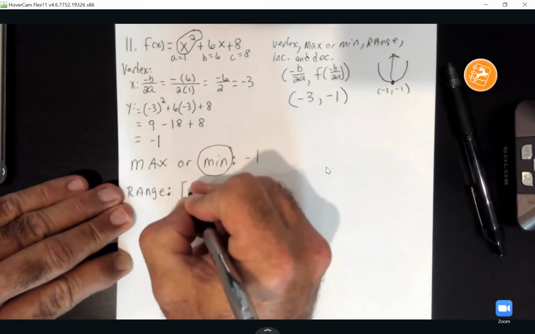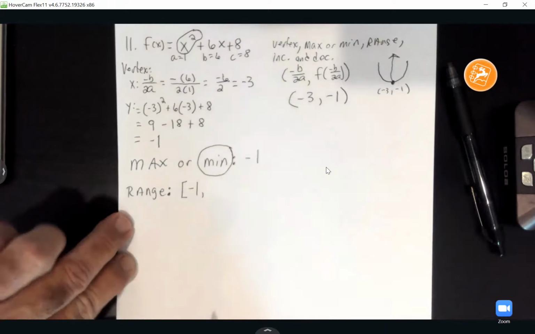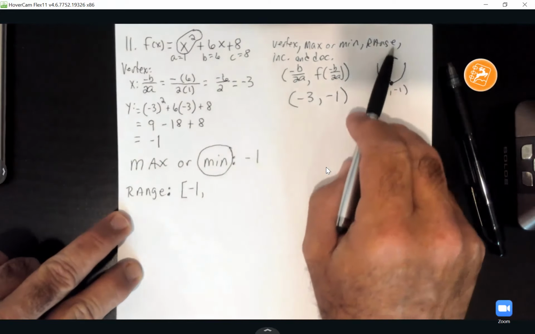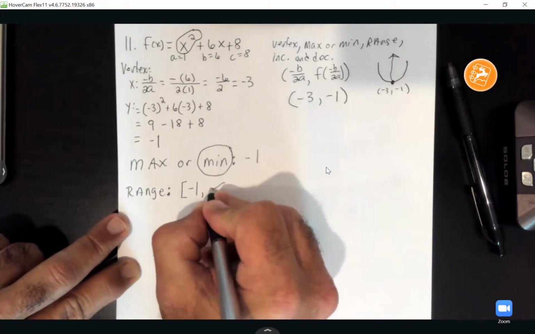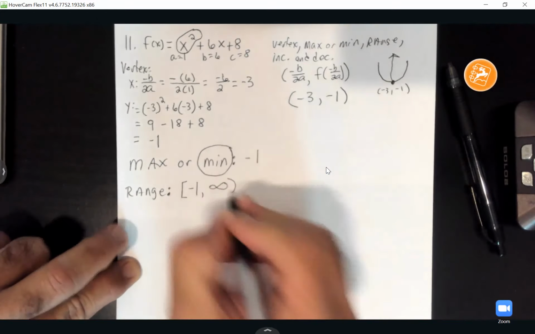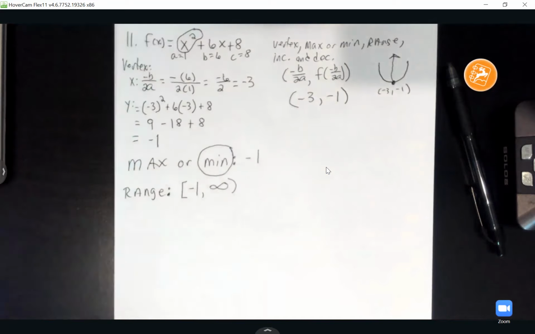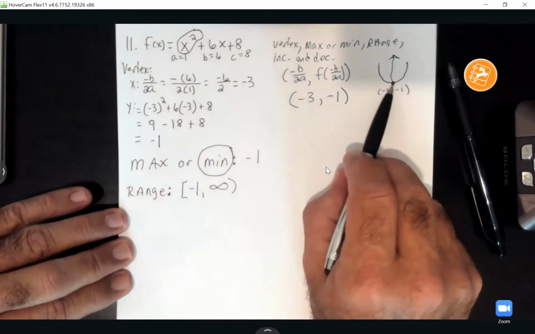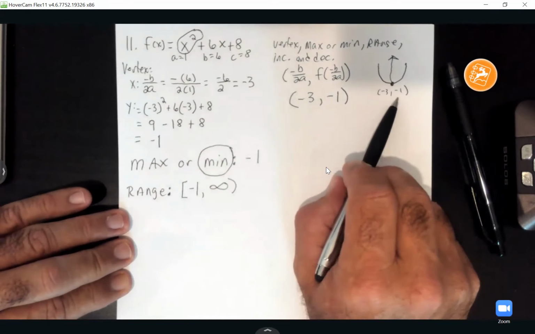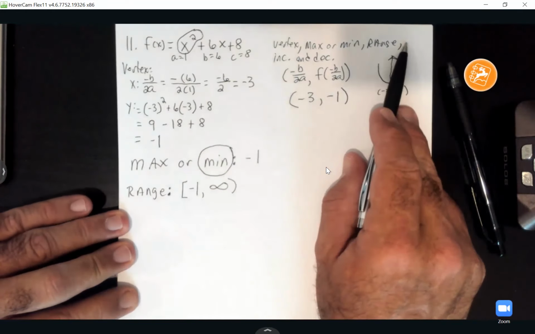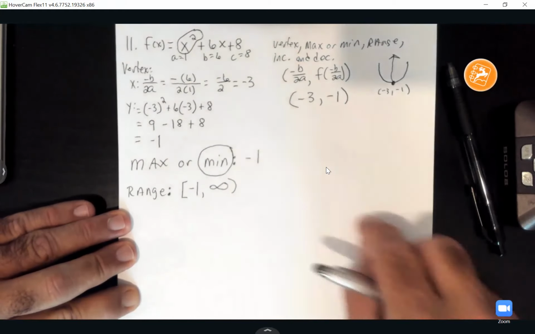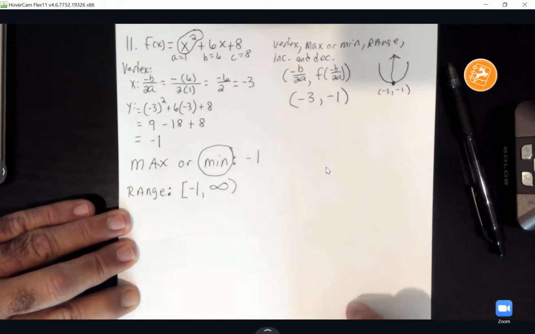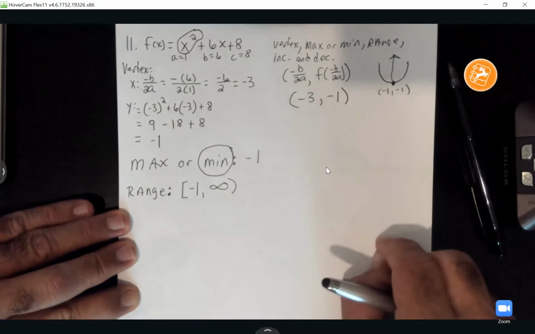So my range will start at negative 1, and it heads up, up, up until we say it's headed towards positive infinity. If you have a minimum, it's going to start at that number and head to positive infinity. If you had a maximum, it would start at negative infinity and go up to that maximum point, okay?